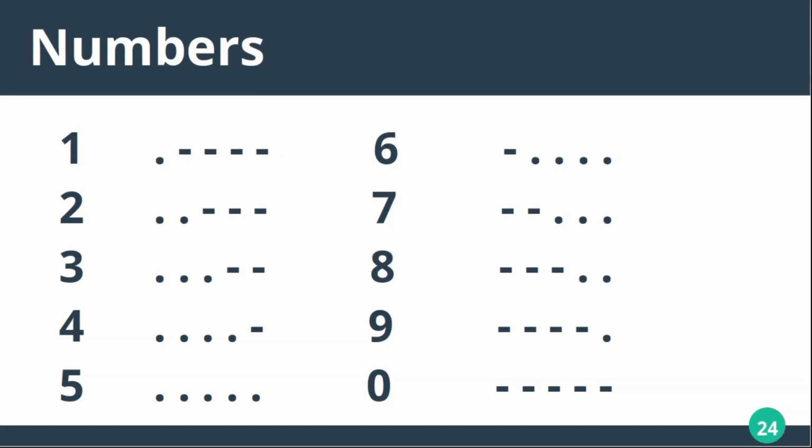Sorry, my timing's off there. 5, 6, 7, 8, 9, and 0. So basically 0 is just a bunch of dashes in a row. Okay?